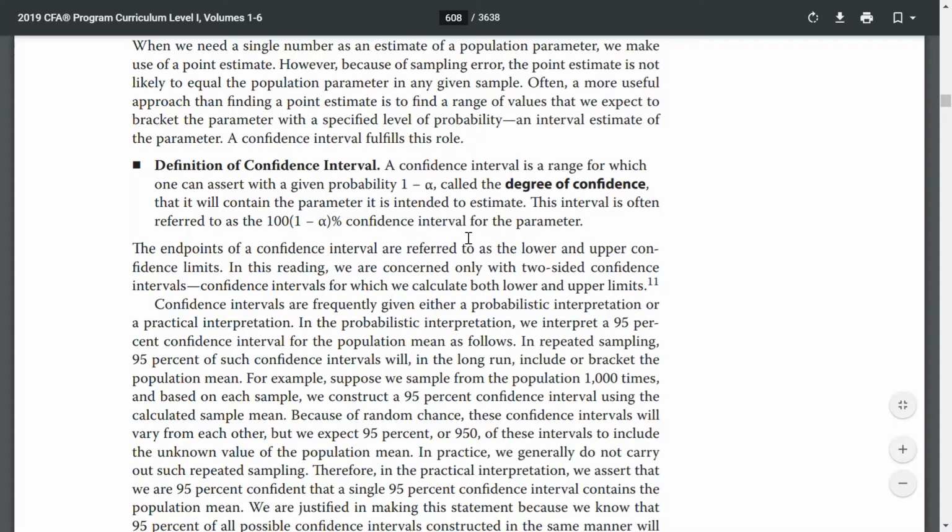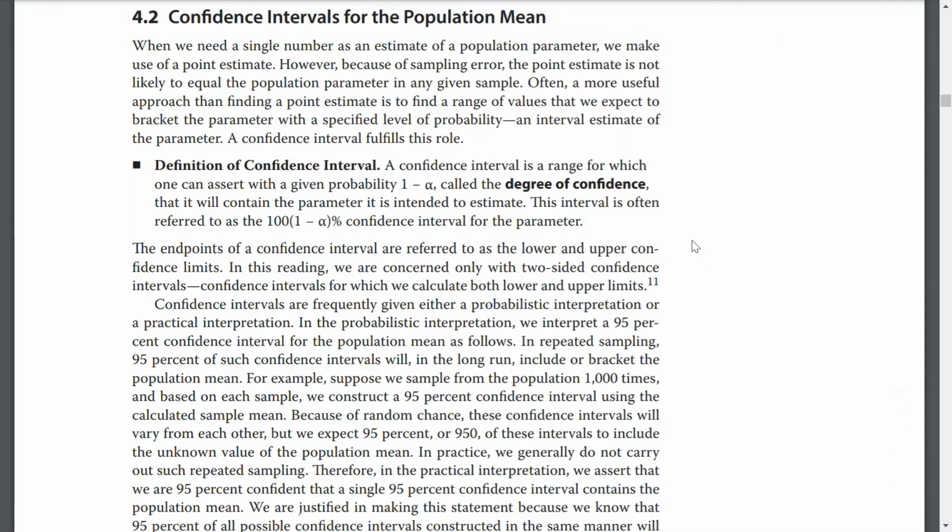The interval is often referred to as the 100% multiplied by 1 minus alpha percent confidence interval of the parameter. The endpoints of the confidence interval are referred to as the lower and upper confidence limits. In this reading, we are concerned only with two-sided confidence intervals, for which we calculate both lower and upper limits.